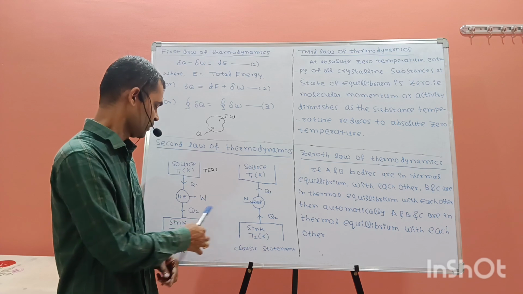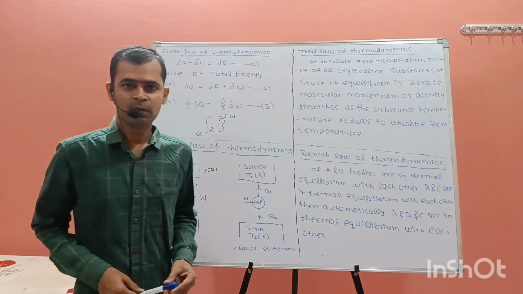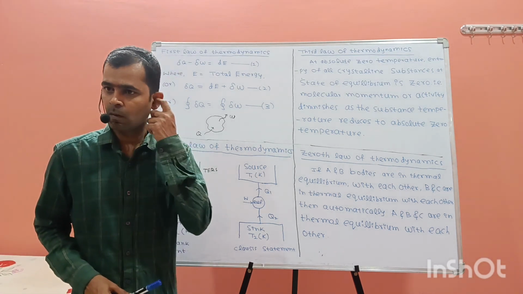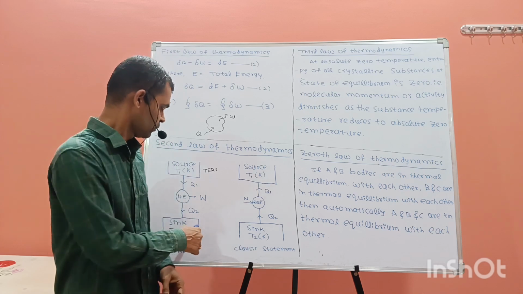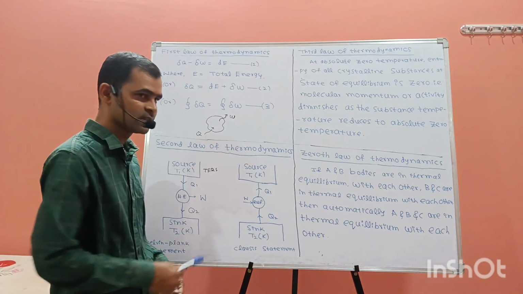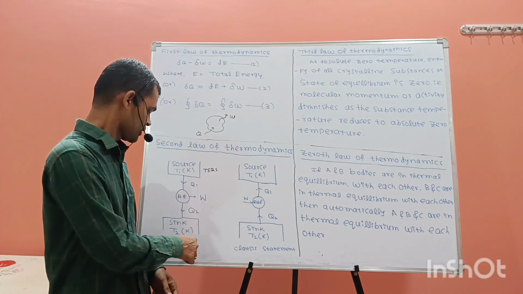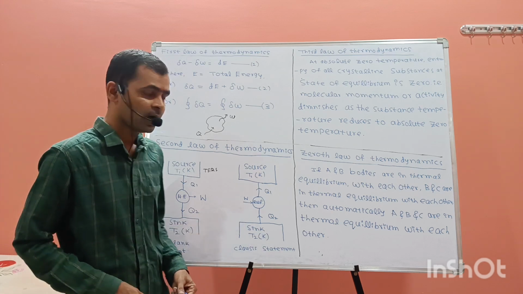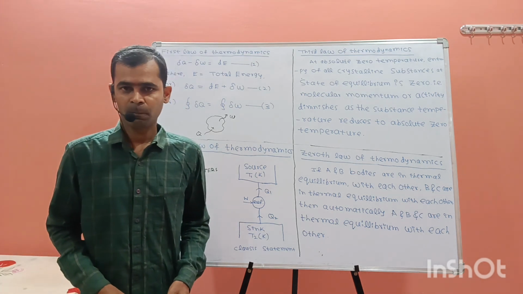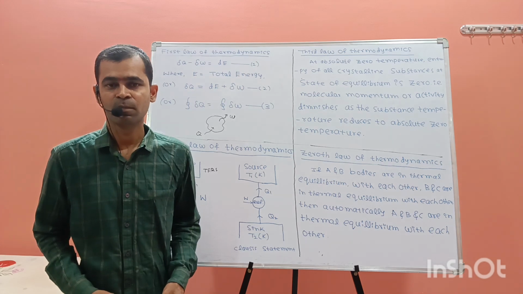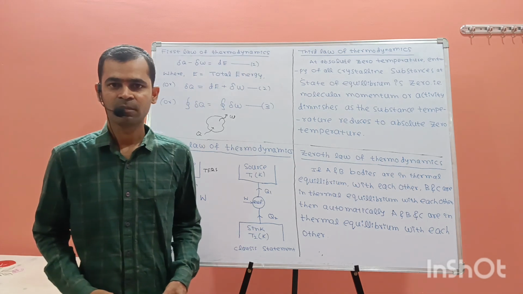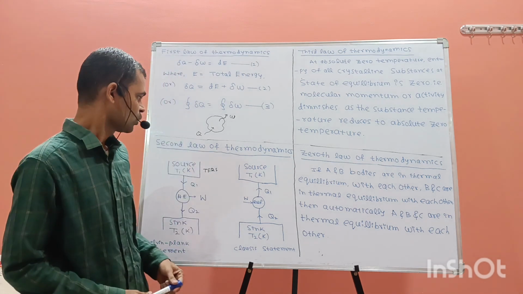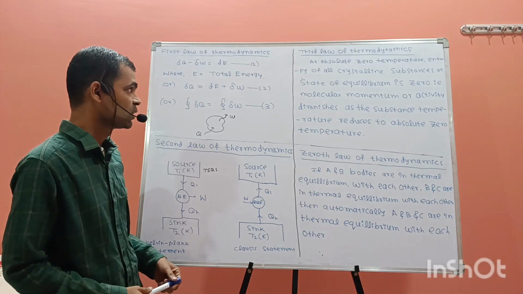It is possible. In engine we can find the efficiency. In heat pump or refrigerator, performance is measured by COP, coefficient of performance. So this is about second law of thermodynamics.